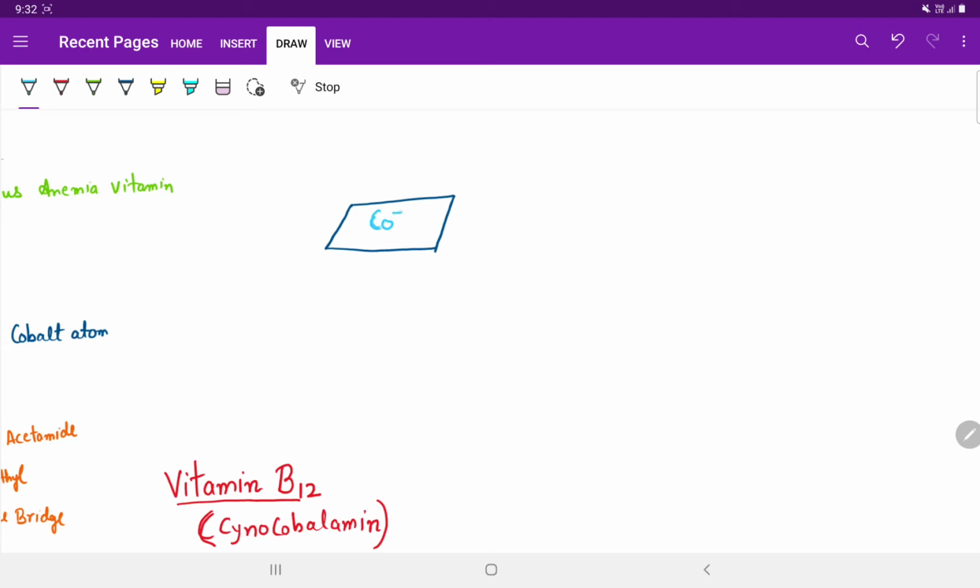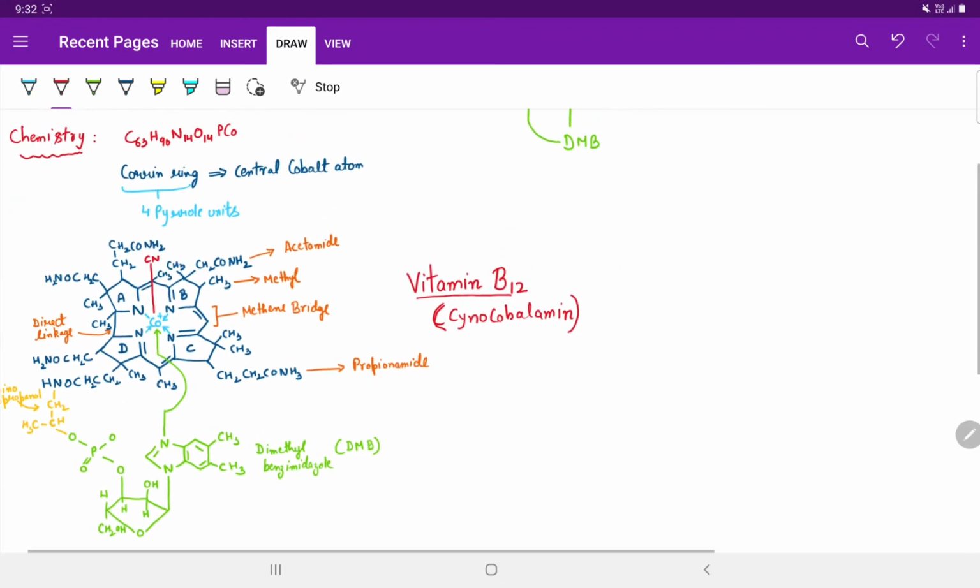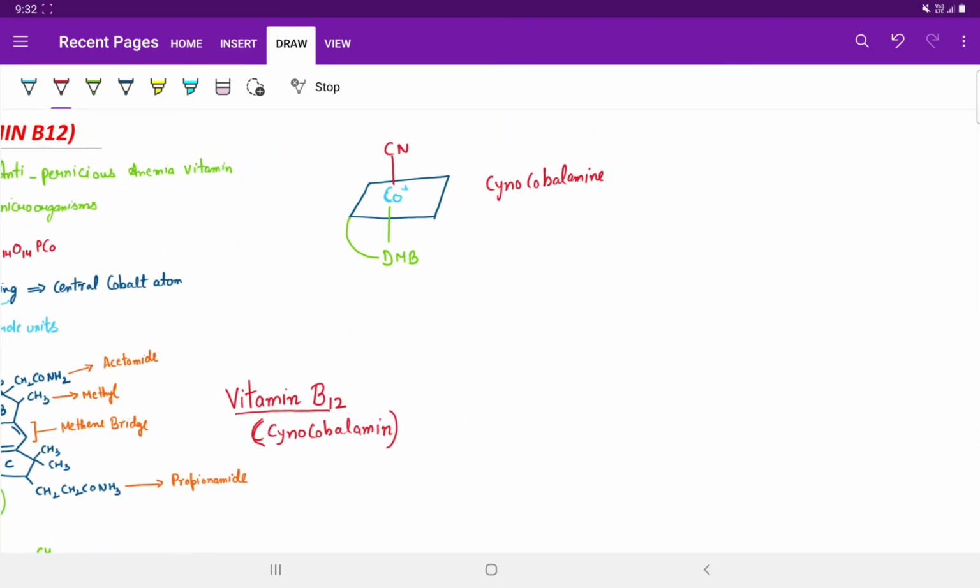You can see at the lower end it is attached with the dimethyl benzimidazole, also DMB, and to the one end it is attached to the cyanide. So this is the structure of cyanocobalamin that we have drawn here. It is also represented in this short form. Other than this, here you can see these are the 4 pyrrole corners. So don't get confused in this.